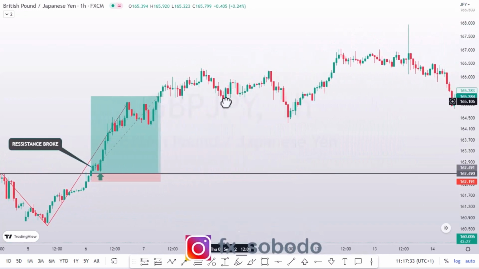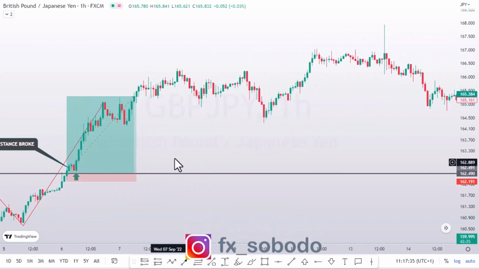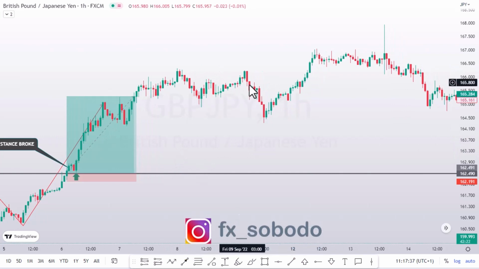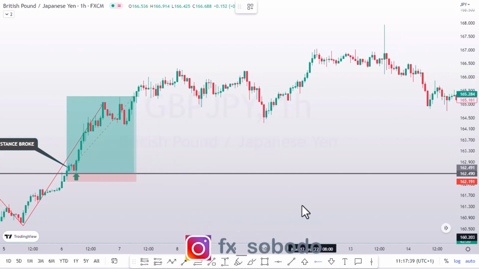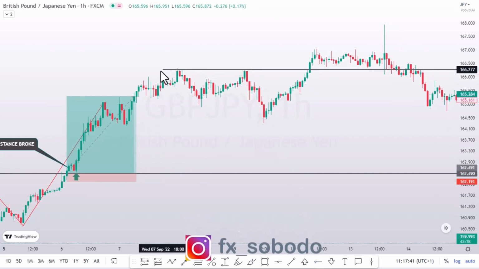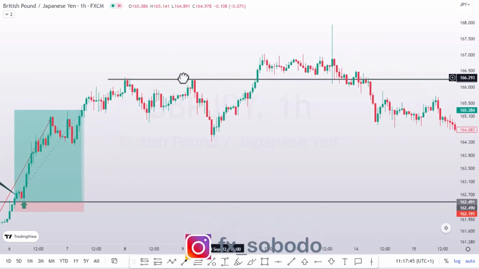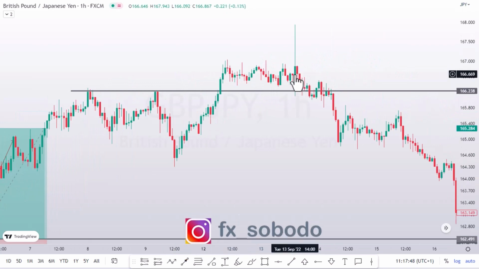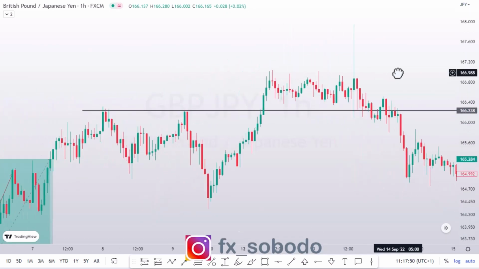You see. Here's another one again. The structure, the more touches the better. You see 1, 2. When price came for the first time, you see this candle.